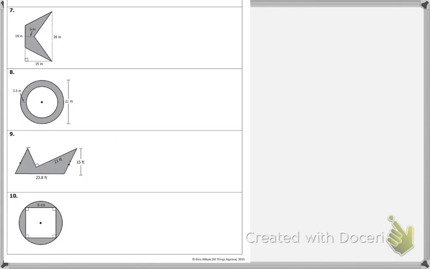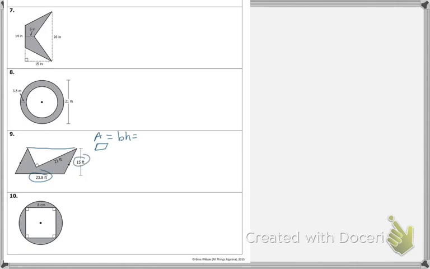Here's the parallelogram. Alright, so let's figure out the area of my parallelogram, which again is base times height.